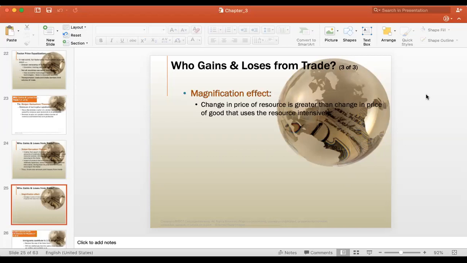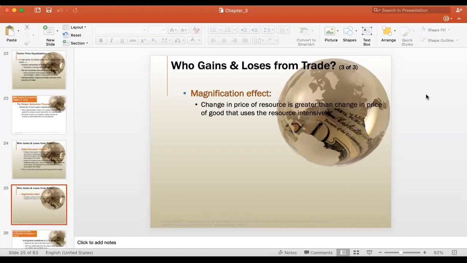So always the price of exports will go up, and the price of imports will go down. Going back to the example, if the US is exporting aircraft to China and the price of aircraft has gone up by, let's say, 3%, then the magnification effect tells us that the price of capital will increase by more than 3%.